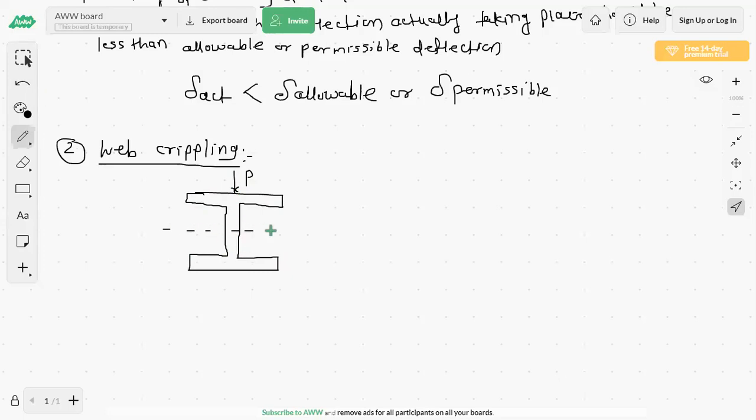So this is the centroidal axis. Due to this load, the web of the beam will cripple, which means cracks and some small deflections in the vertical direction, which will be like this.